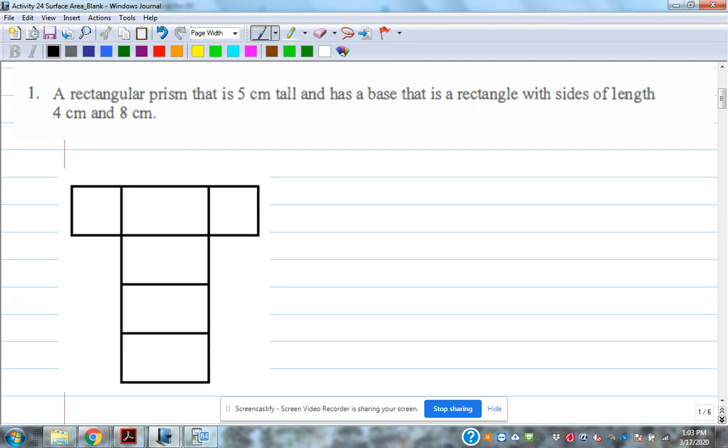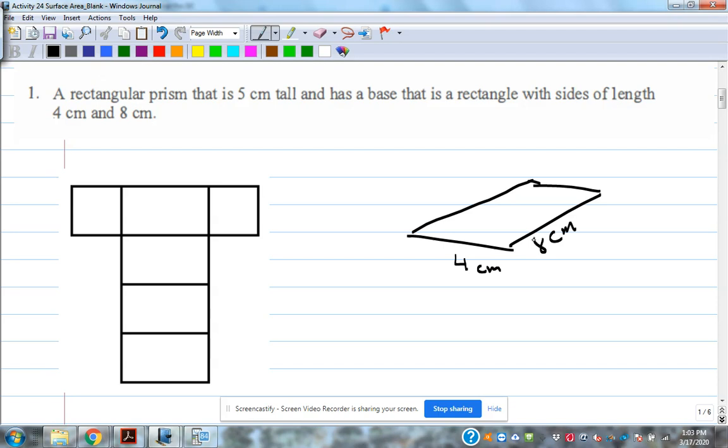3D figure we want to find the surface area of. And I always find it helpful to draw the 3D figure as well. Rectangular prism, got a rectangle on the bottom. That's your base. And this one says that the base is a rectangle with side lengths of 4 centimeters and 8 centimeters.